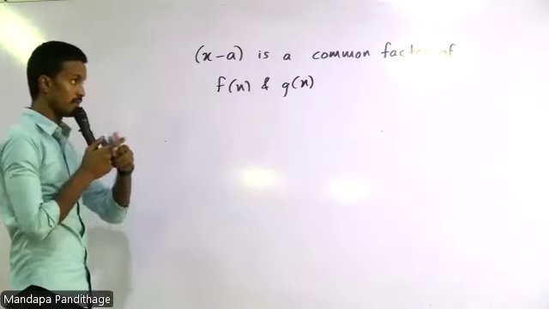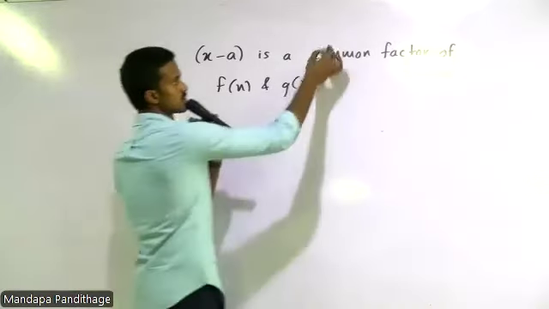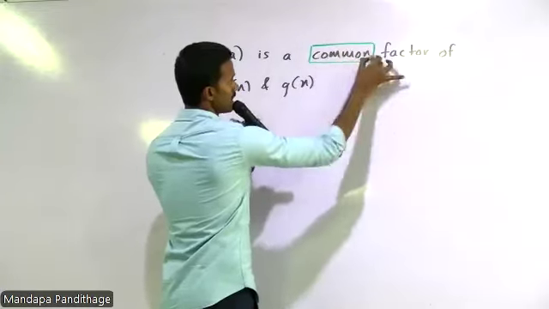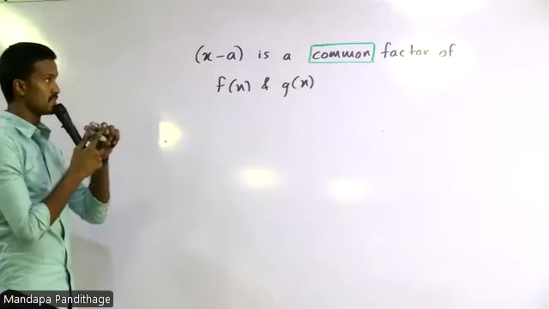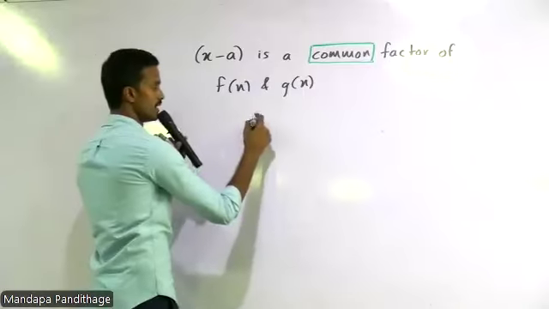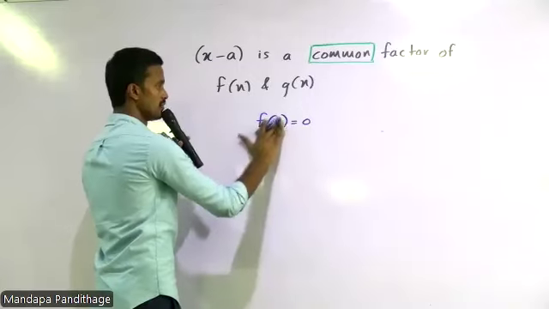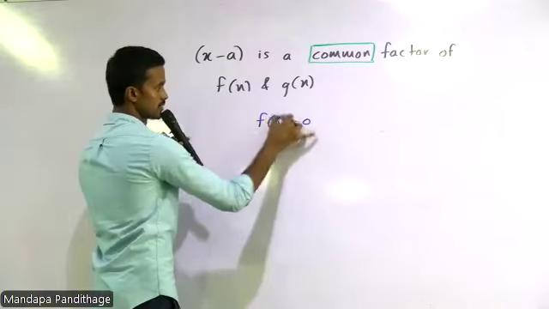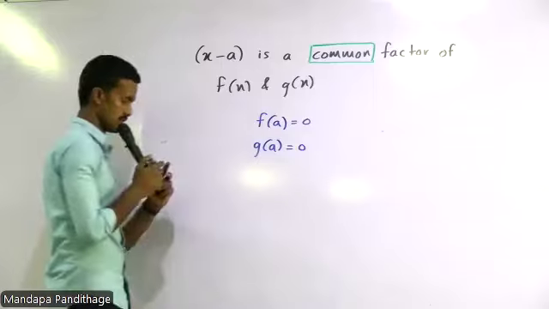Because x minus a is a factor of f(x), I can write f(a) is equal to 0, and it's also a factor of g(x), which means I can consider that g(a) is equal to 0.